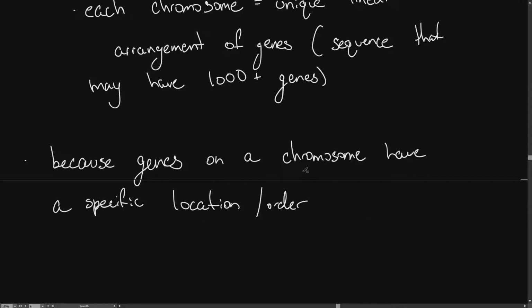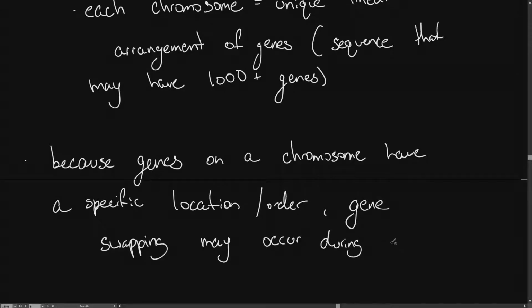And so because genes on a chromosome have a specific location and order, gene swapping may occur during meiosis.